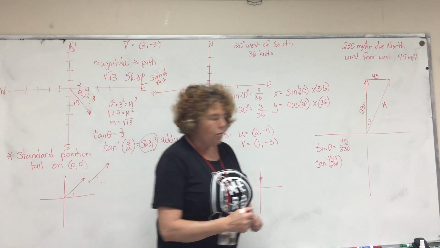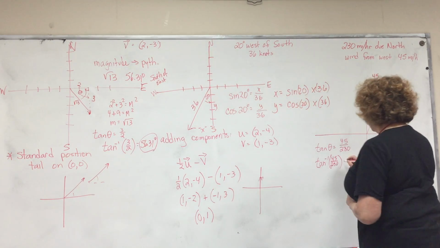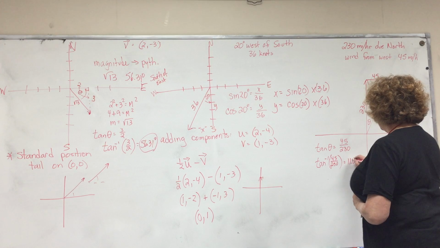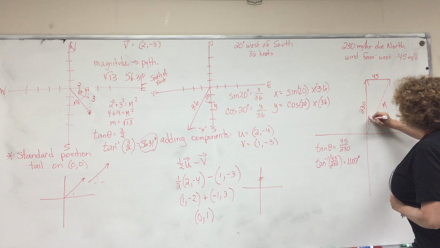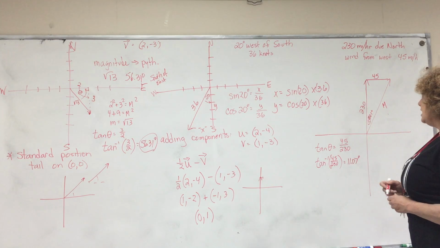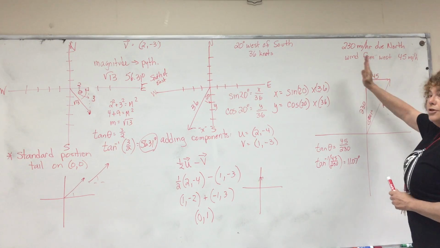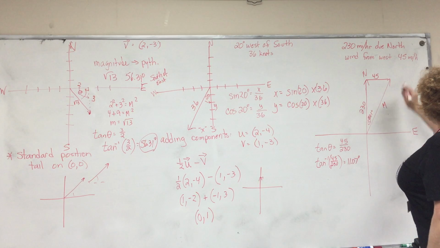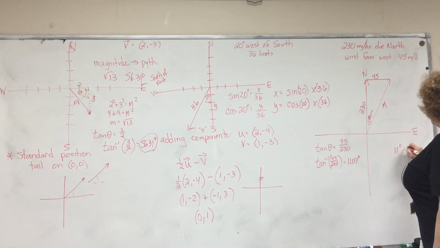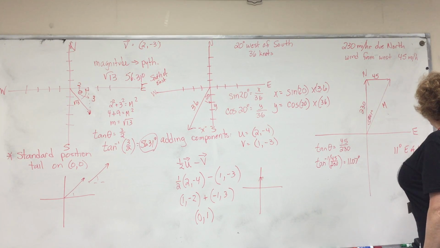And you get 11.07. So he is actually going to be going 11 degrees east of north, right? Because this is north and this is east. So he's going to be going 11 degrees east of north.